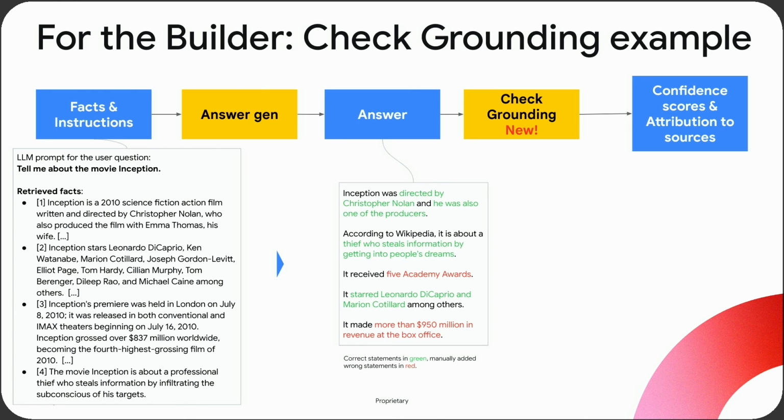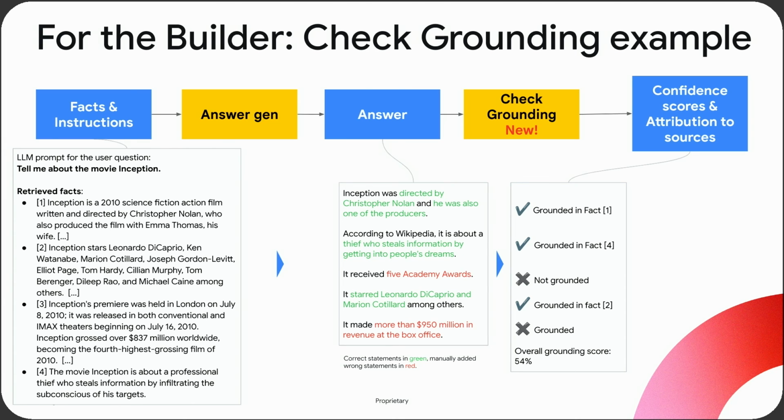So now with check grounding, I give it the set of facts on the left-hand side together with the answer, and the response then tells me directly for each of the given claims whether it's actually grounded in a given fact or not.